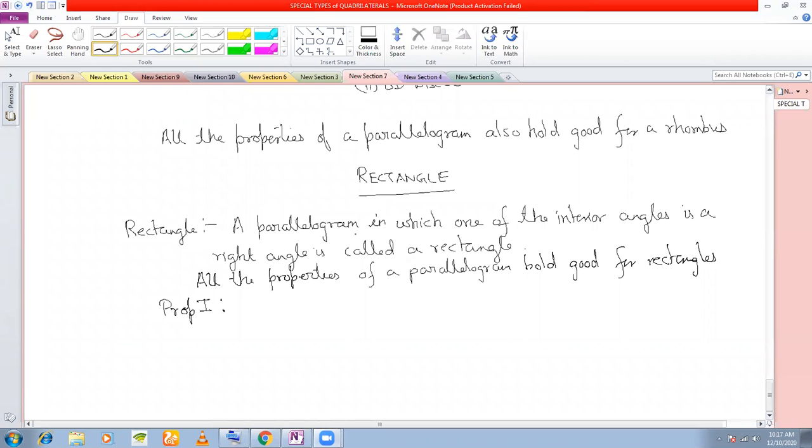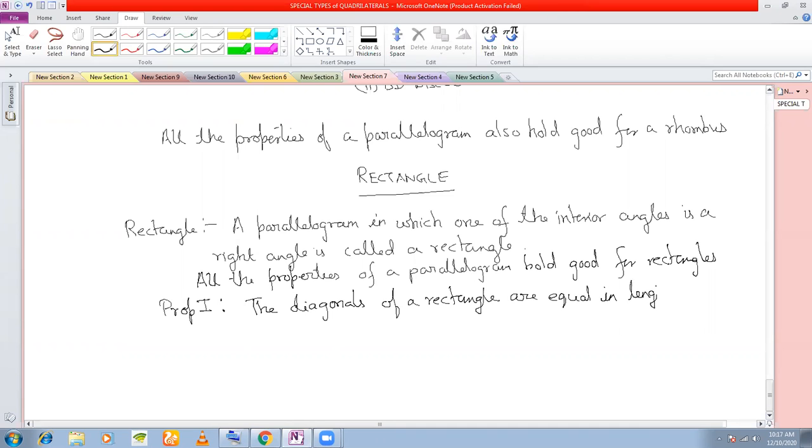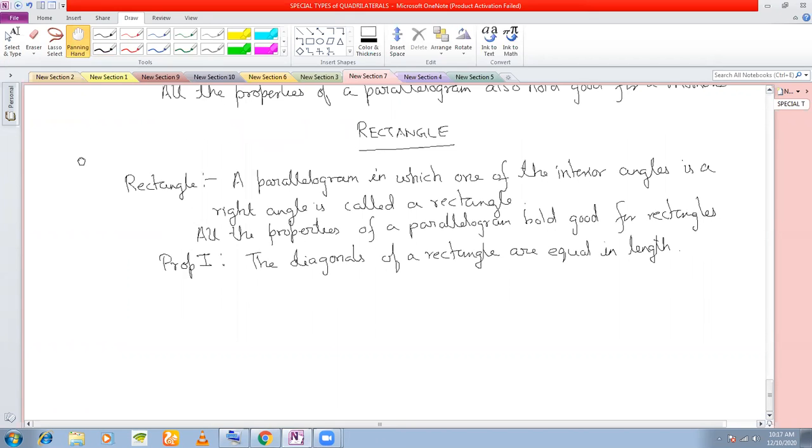The first property is that the diagonals of a rectangle are equal in length.